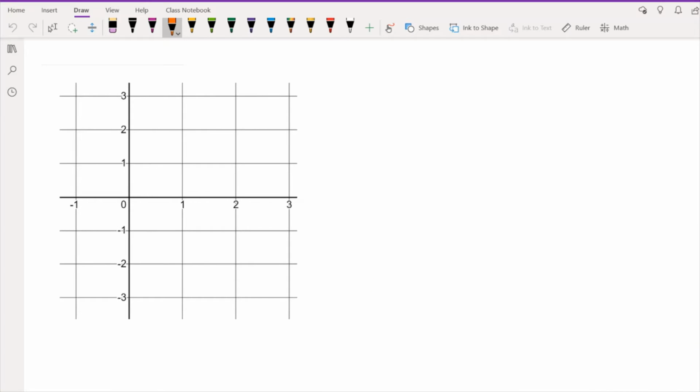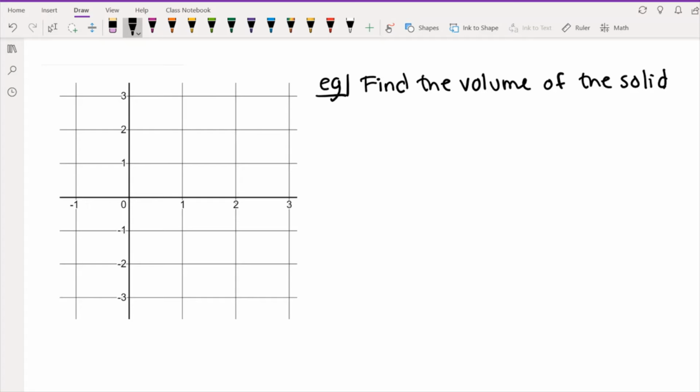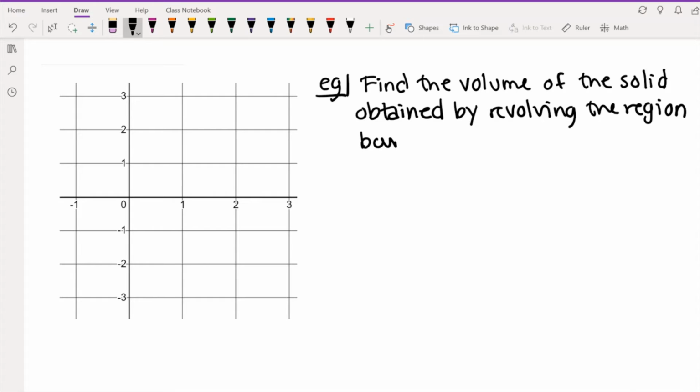Okay, so a few more examples. So the next example we're going to do is we're going to find the volume of the solid obtained by revolving the region bounded by.